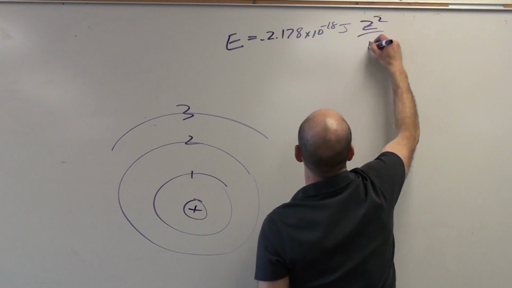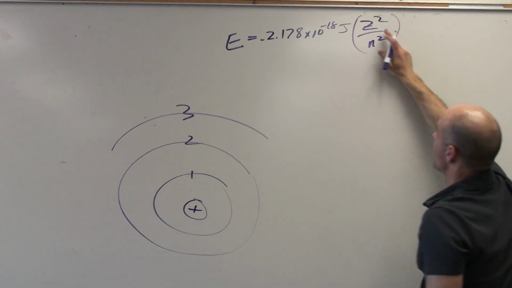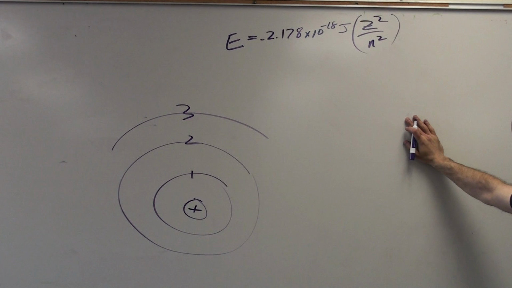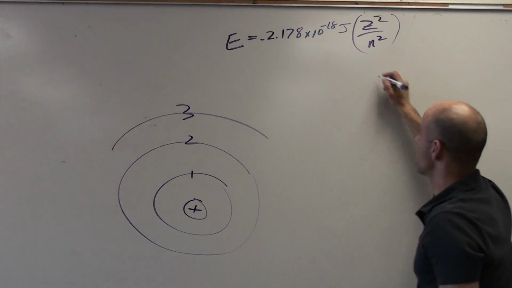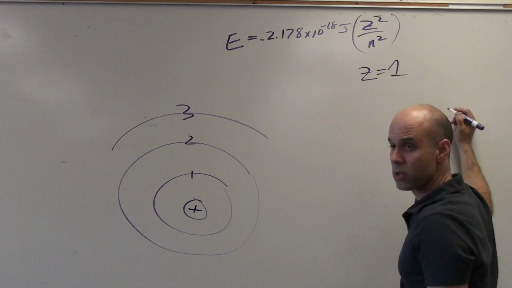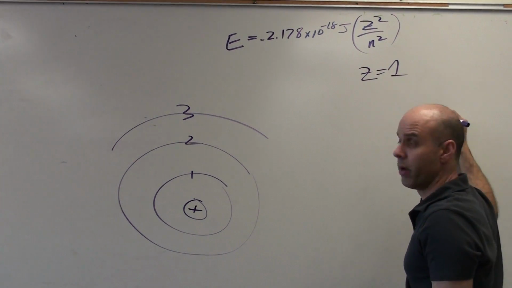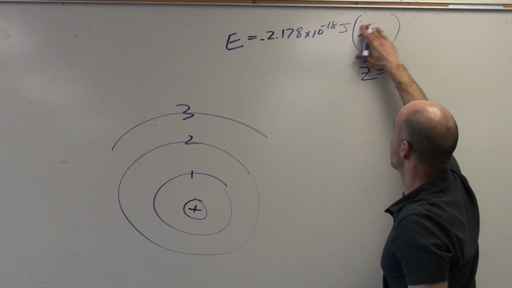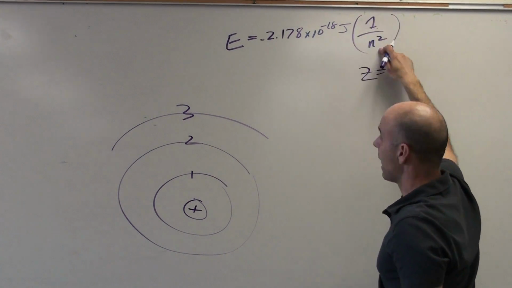They might report it as z squared over n squared, but z is the charge on the nucleus. And you're always dealing with a hydrogen atom. So for the hydrogen atom, z is always 1. And so 1 squared is 1. n is the energy level.